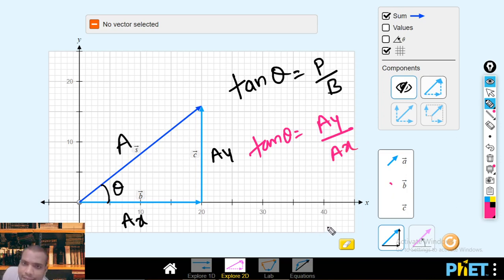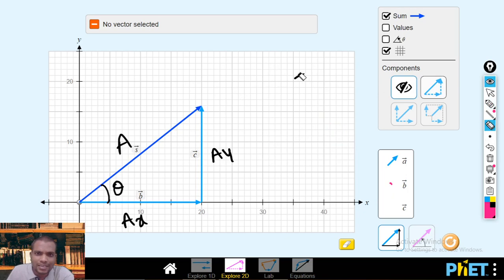Now if you divide ay upon ax, magnitudes only, we can get tan theta, so that theta gives the direction of the vector. So this is how we find a vector's magnitude and direction when it is resolved into component terms. This is a method in triangular vector addition since it forms a triangle.